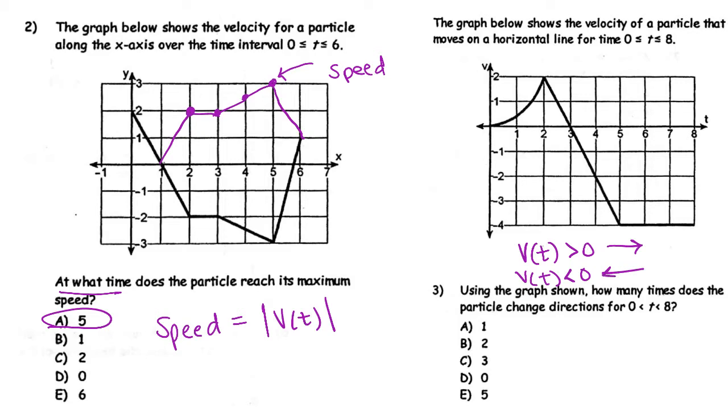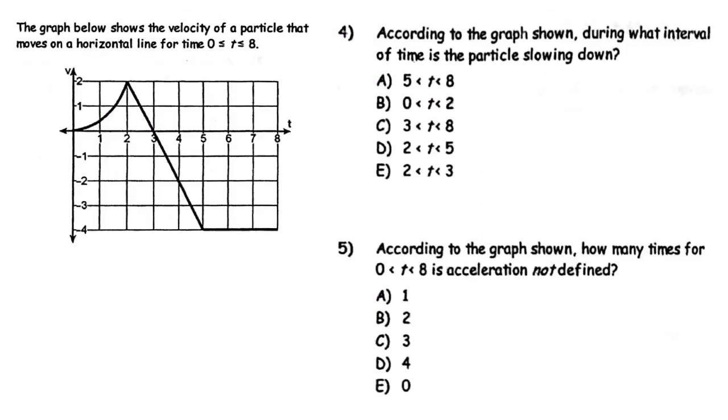And since we have the graph of velocity, that's going to translate from above the graph to below the graph. So how many times does my graph change from above to below? That's going to be right here at 3, and it only changes once. So answer choice A.